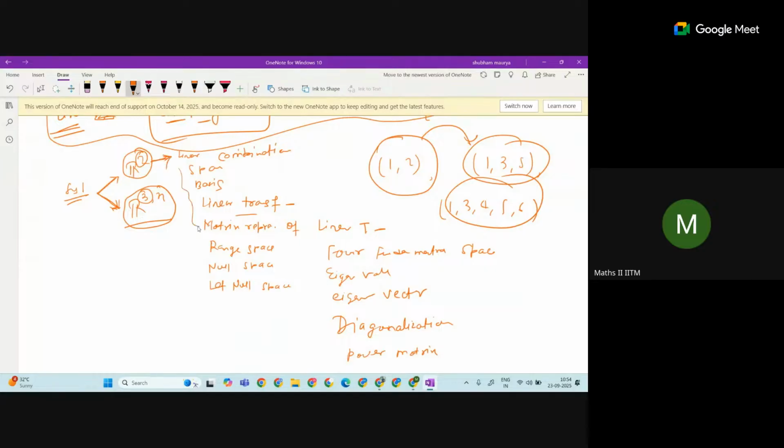These are going to be seen in R2, but with exactly the same meaning, the same definition, no change in the definition, you are going to see for R3 or more than 3 dimensions also, exactly the same. Okay, so first we'll understand it. So week 1 and 2 are going to be very similar.